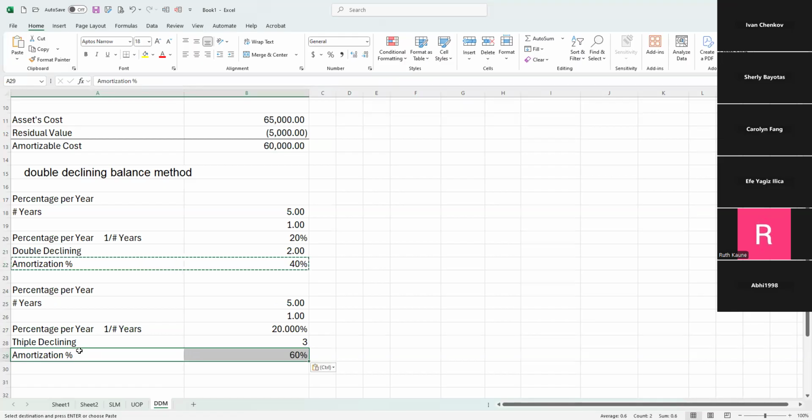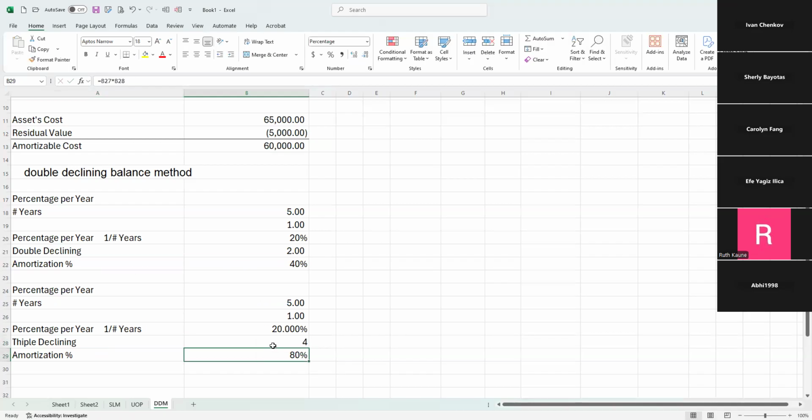Can I use quadruple declining? Of course. What do you have to do? Just plug 4. How much will be the amortization per year? 80%. Make sense?